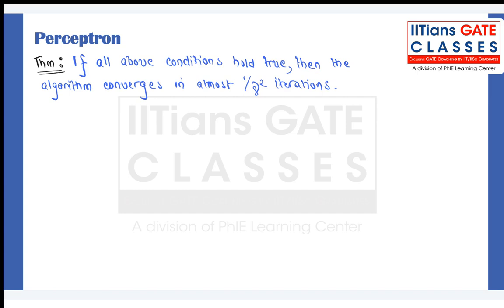Now, to prove this, after each update of the perceptron model, we will try to find out the update across two vectors. One is the relation of W, the vector that I'm trying to find, with the correct vector, the vector that linearly separates the data, and the other is the relation of W with itself.